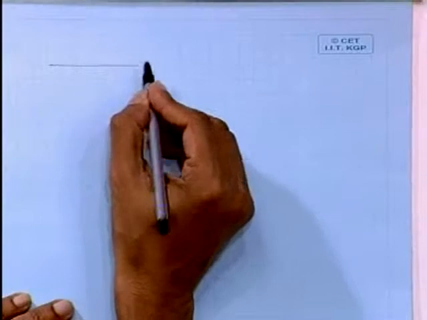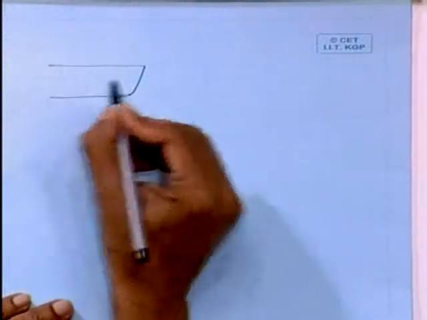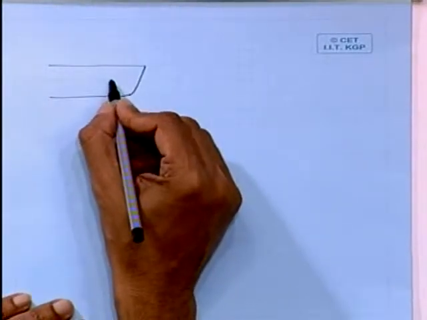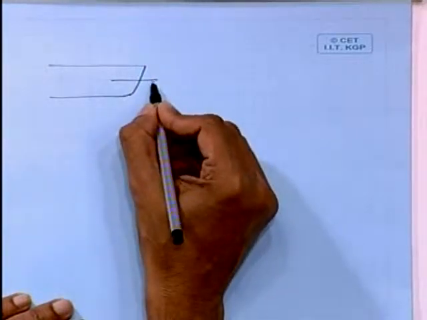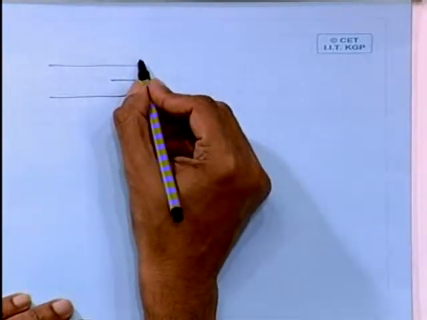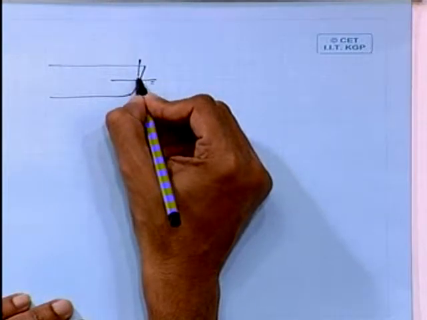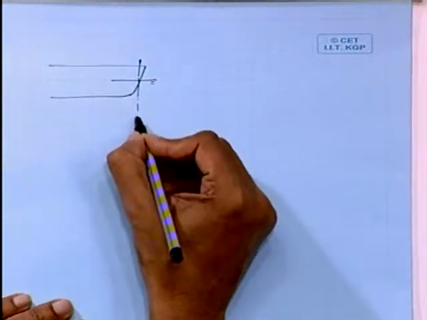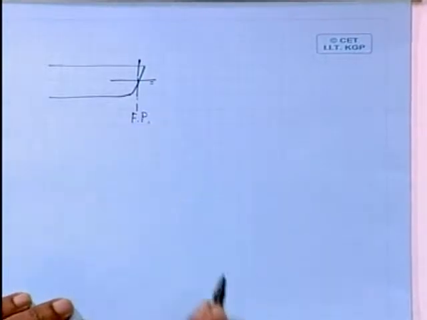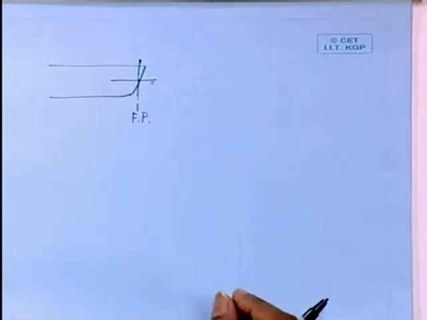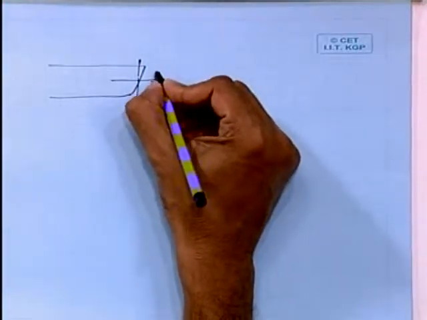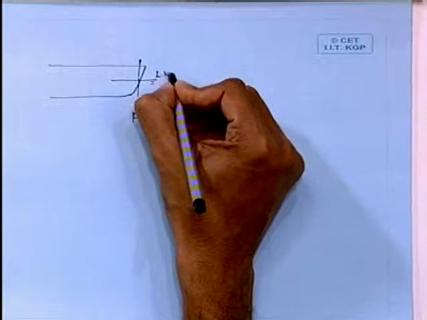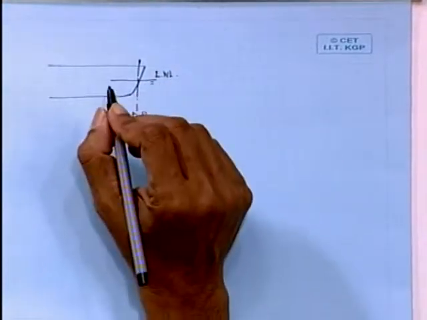Normally that is called the stem or the bow. So one should remember this. This is your ship like this, and your load water line intersects the hull at this point. So this is the position of the forward perpendicular. The position where the load water line intersects the bow of the ship, that is the position of the forward perpendicular.